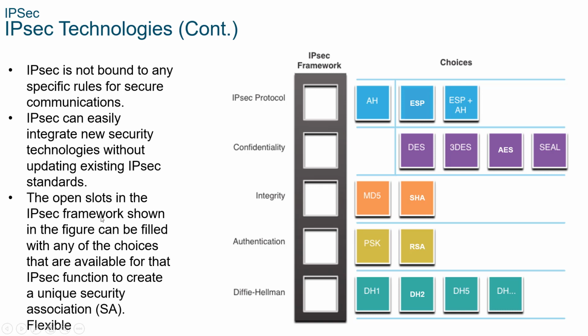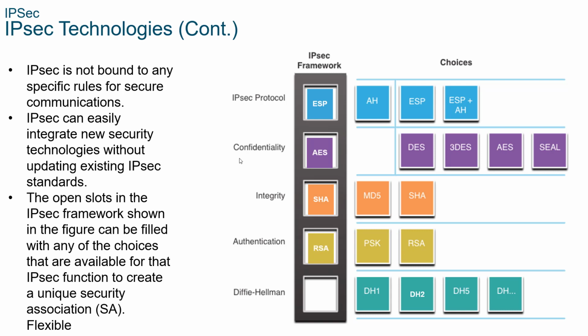So let's take a look here. Right, so here I could plug in that we're going to use ESP, which is the preferred format. Right, AES, same thing goes there. It's better to use AES than DES or 3DES. Now I could also opt not to use anything for confidentiality. And then integrity, do I want to use MD5 or SHA? Let's use SHA. PSK or RSA? Let's use RSA.